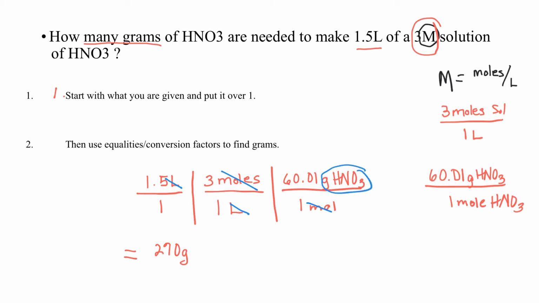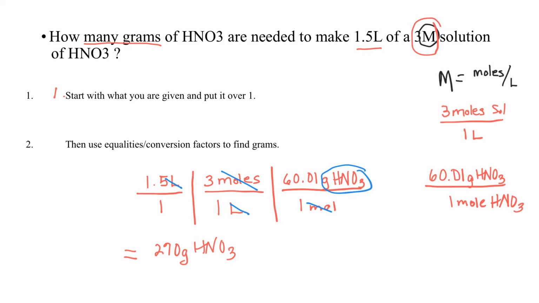And that's why it's always the best to do these using conversion factors in the factor label method, because you know that you set it up right. If you can cancel out all of the other units, and you're left with what you're looking for, you've done it right. So, we're left with 270 grams of HNO3. And there's your answer.